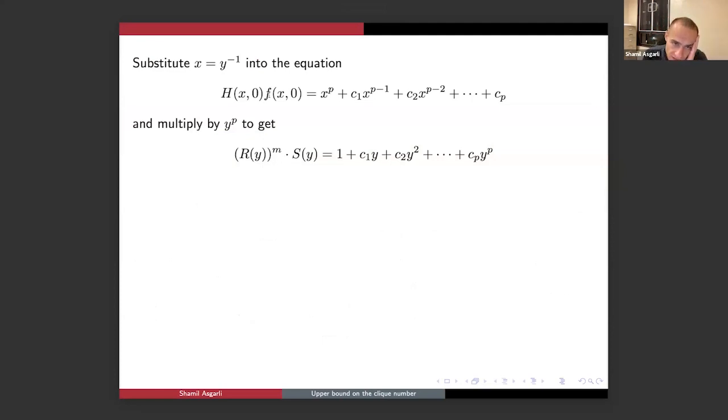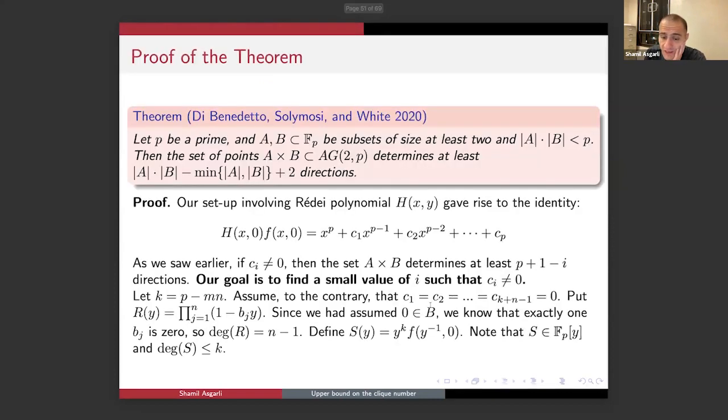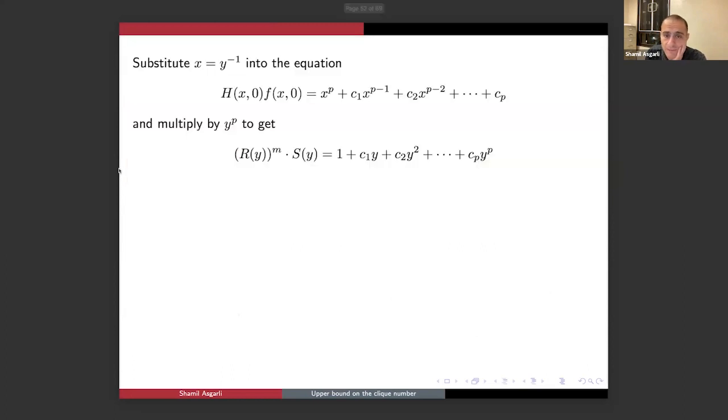And if you plug in x equals y inverse into f here, you get f of y inverse, 0. And then you multiply by a high power of y to turn that into S of y. So this is just some algebra. Going from here to here is not that deep.